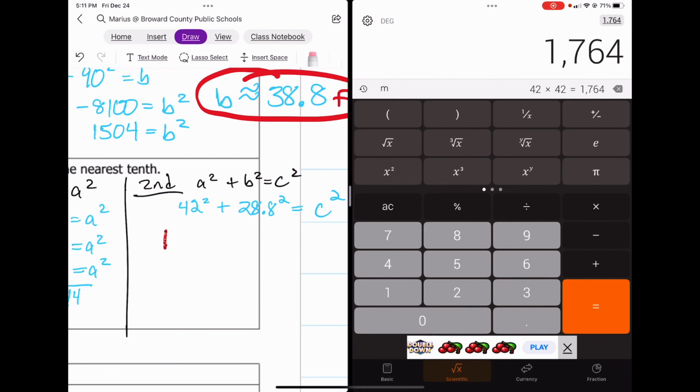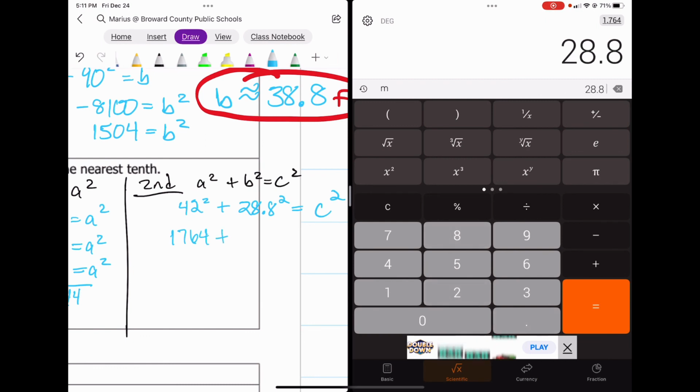1764 plus 28.8 squared, that's going to be 829.44. I'm going to add those.